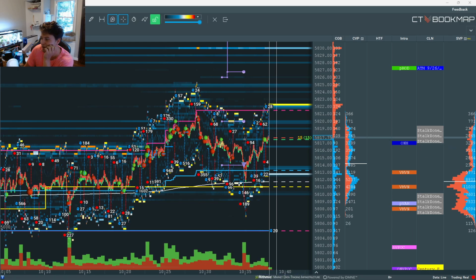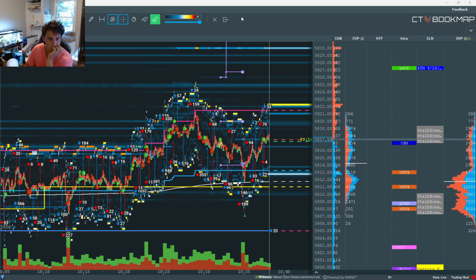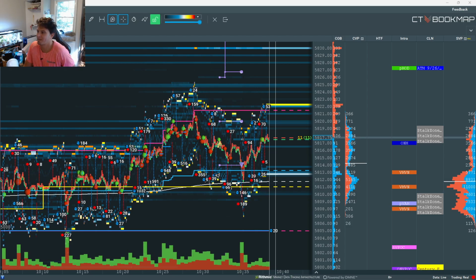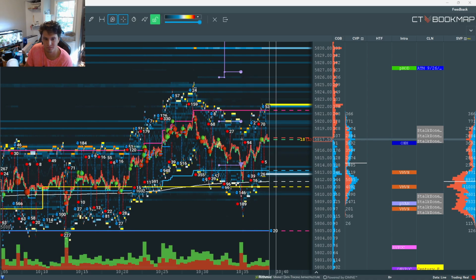So this 17 is our area. Watching. See if we break below the 17.